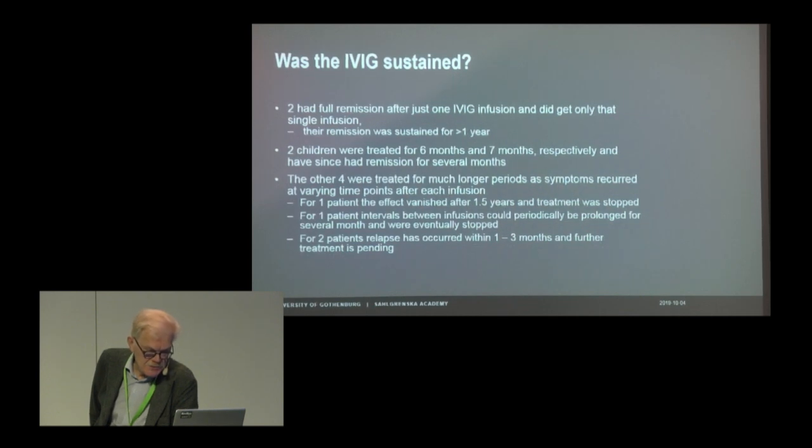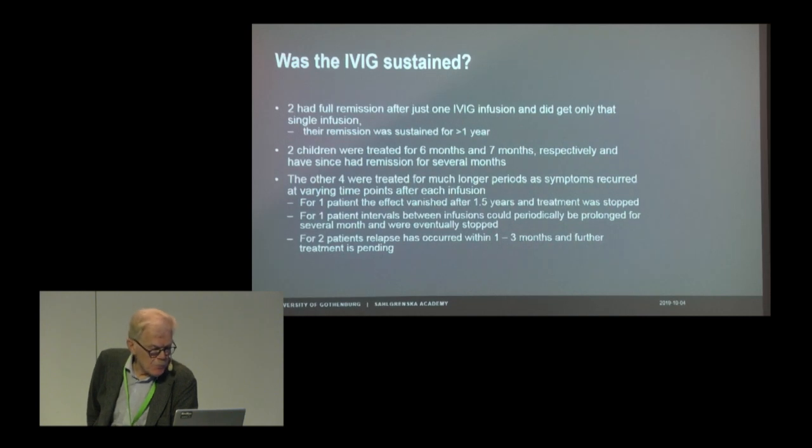2 children were treated for 6 and 7 months respectively and have since had remissions for several months. And the other 4 were treated for a much longer period as symptoms recurred at varying times. For 1 patient, the effect vanished after 1.5 years and treatment was stopped.